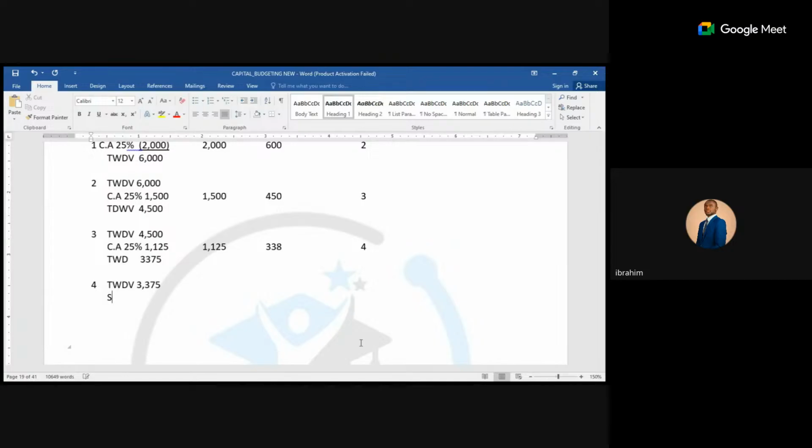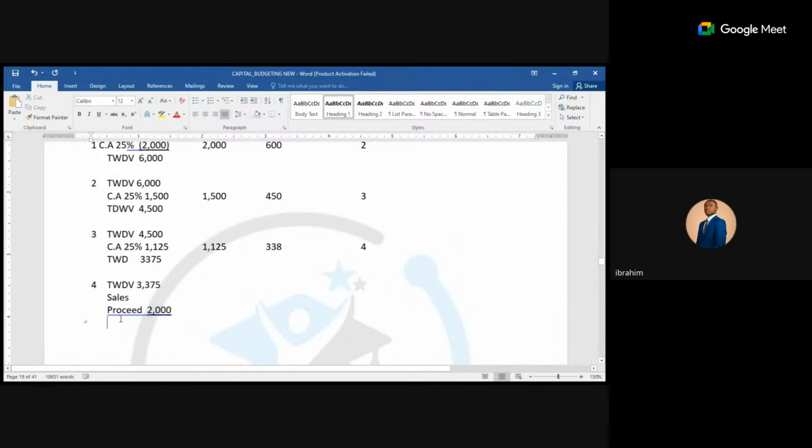So we can have sales. You don't need to say capital allowance again. You just say sales proceeds. Sales proceeds is 2 million, that is 2,000. So do we have balancing allowance or balancing charge?